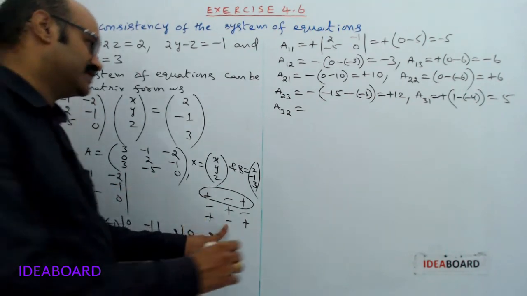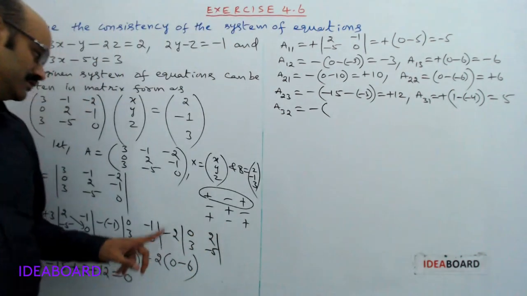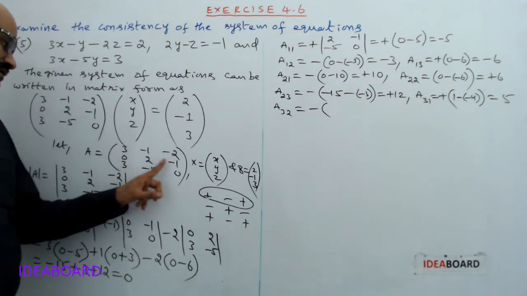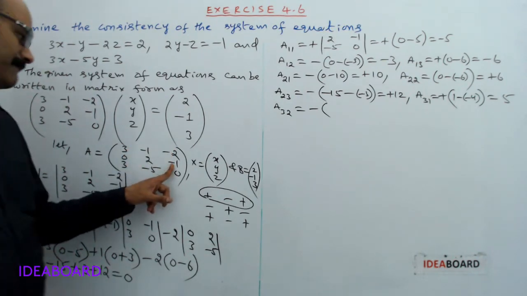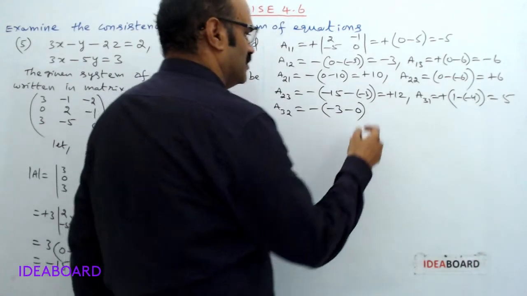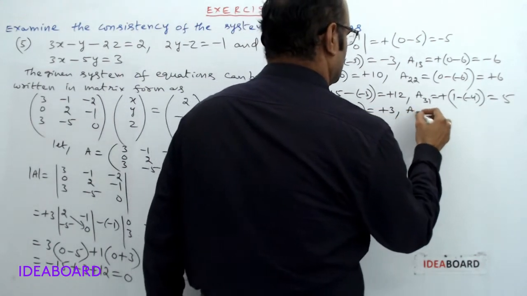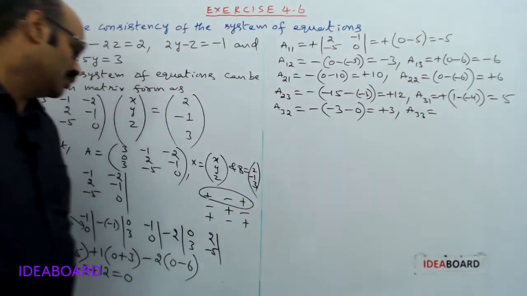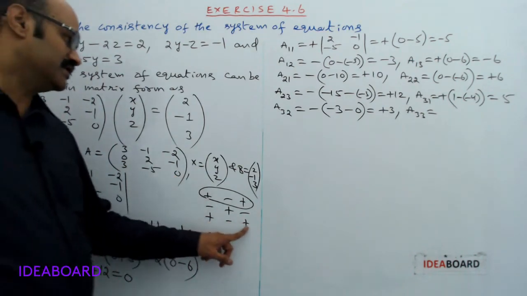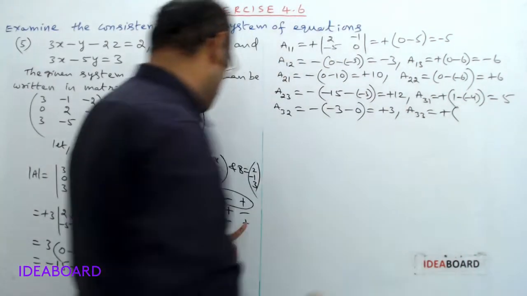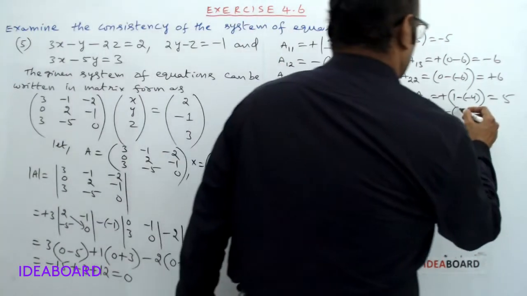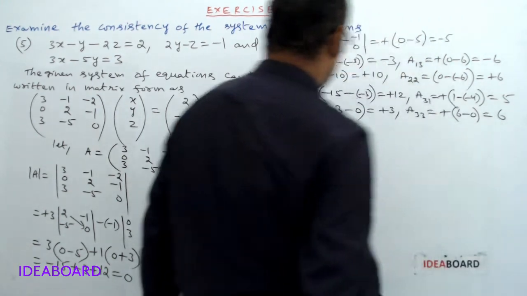We have to take the sign minus, minus of. Now here, cofactor of minus 5, you have to take these 4 elements. 3 into minus 1 minus 3, minus 0. So equal to plus 3. A33 equal to cofactor of 0. So we have to take the sign plus. 3 into 2, 6, 6 minus 0 equal to 6.